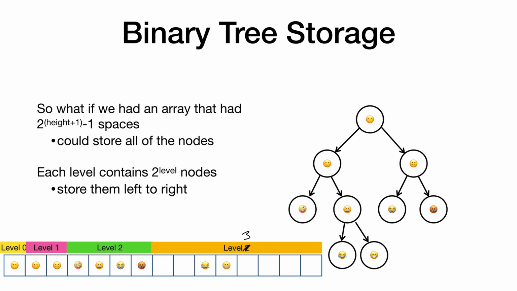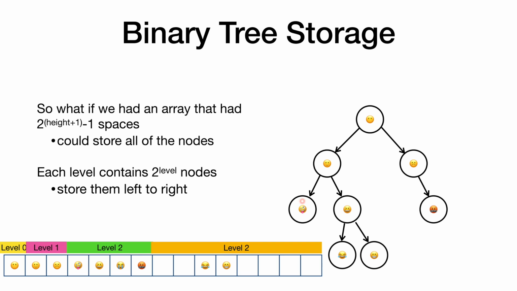We can say, well, left, right? This is left, left, left child is empty. Left, left, right child is empty. Left, right, left child is crying, laughing face. Left, right, right child is super grinning face, right? And so on. So we can start building out those trees from the array itself.